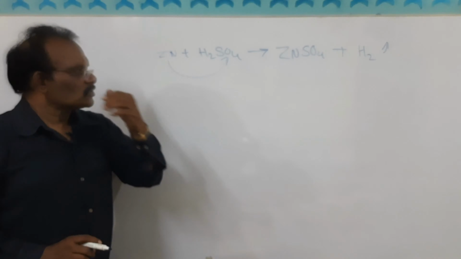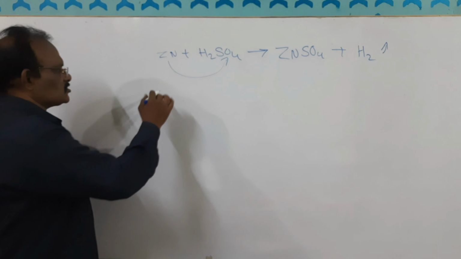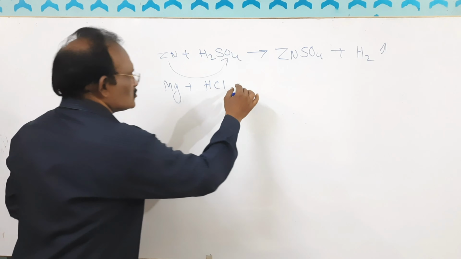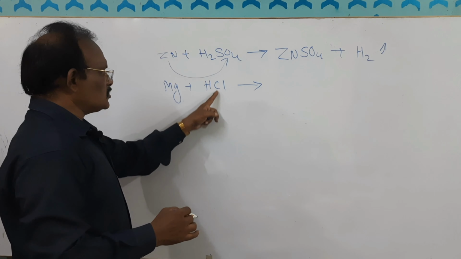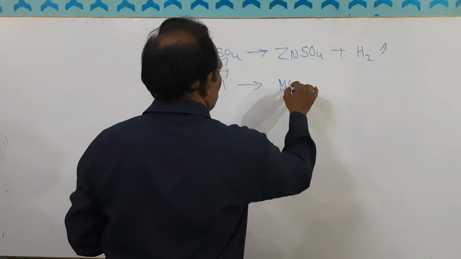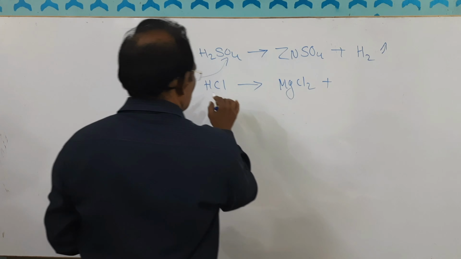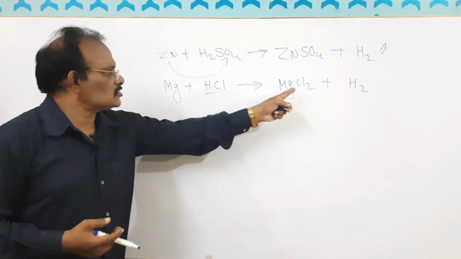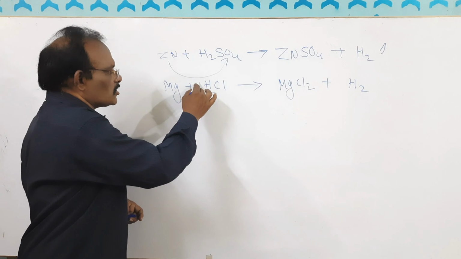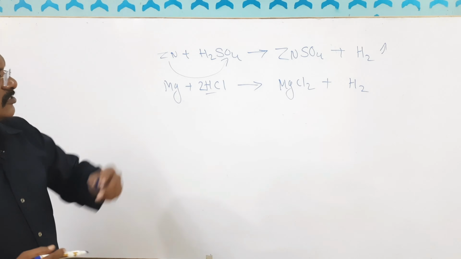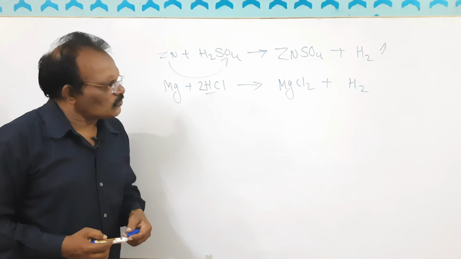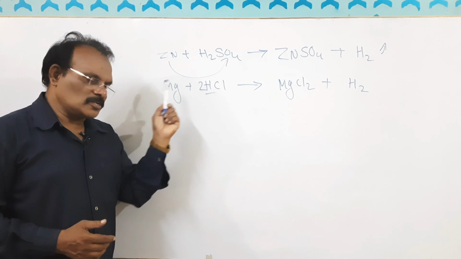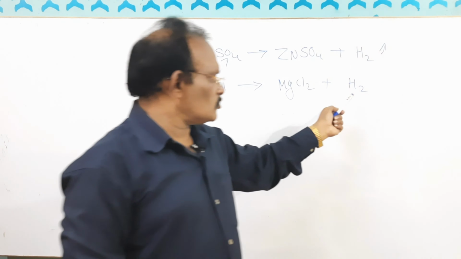If instead of zinc we take magnesium, and this time we change the acid to hydrochloric acid, magnesium reacts to give magnesium chloride, MgCl2, and H2 is left. You can balance the equation. The same thing happens if instead of acid you take a base, there also hydrogen gas is produced.